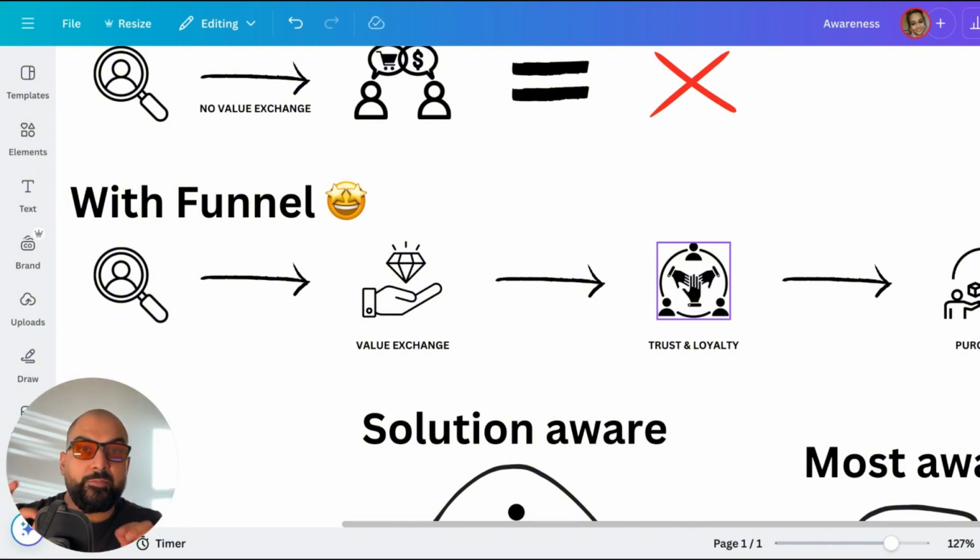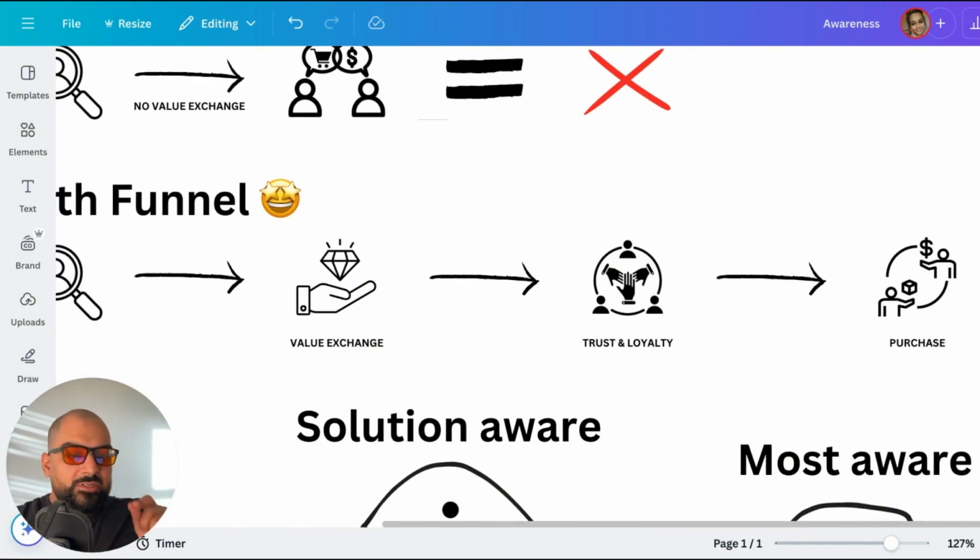So this isn't you doing manual work. You're out there, you're focusing on your business, you are on holiday or something, and people are going through your funnel, right? This is happening on autopilot. What that's going to lead to is significantly more purchases because one, there's a value exchange. We've given them free value. Two, on their side, they're building trust and loyalty to us.